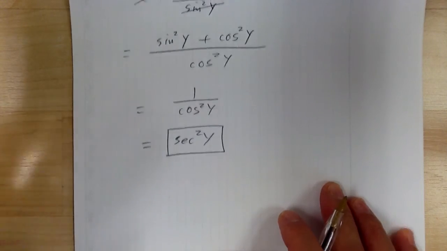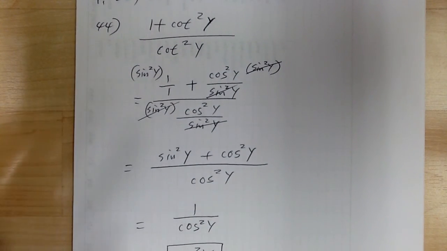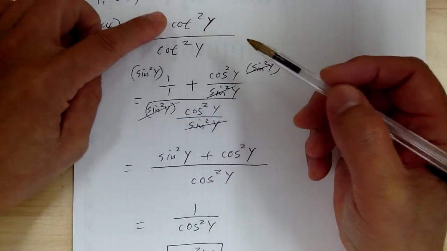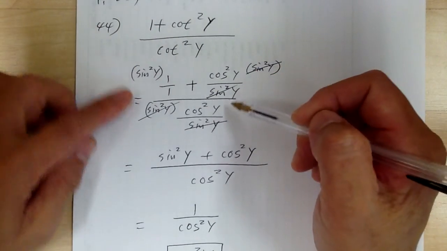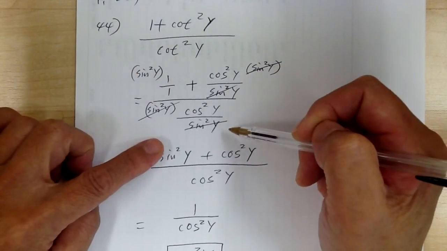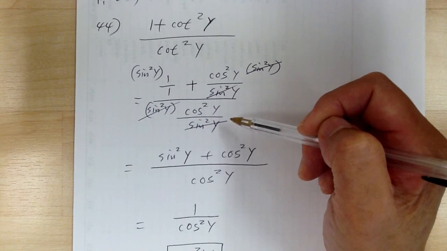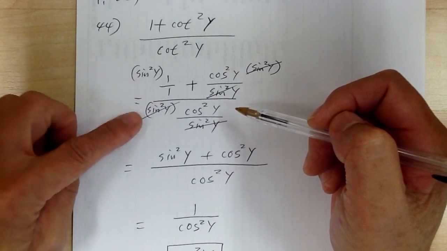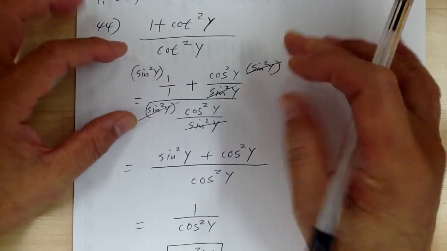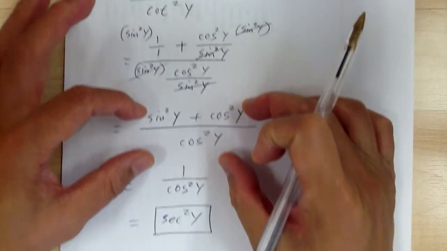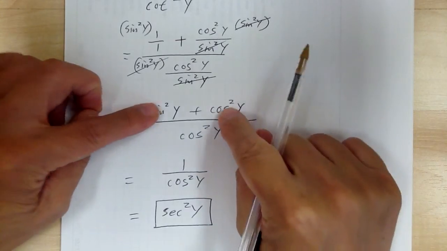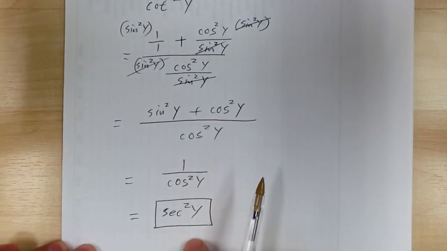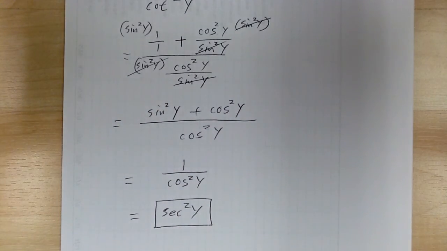So again, convert everything to sine and cosine, and it's a complex fraction. You use your algebra skills to multiply by the common denominator to go from a complex fraction into a simple fraction, and you apply the identity, and you get that. Okay, so let's go and do some practice.